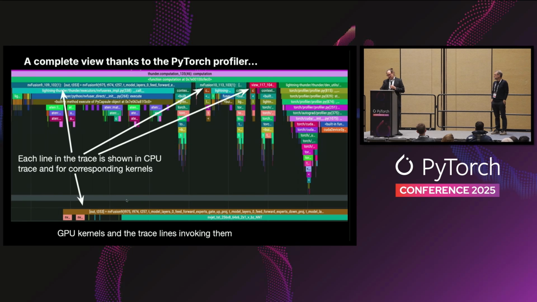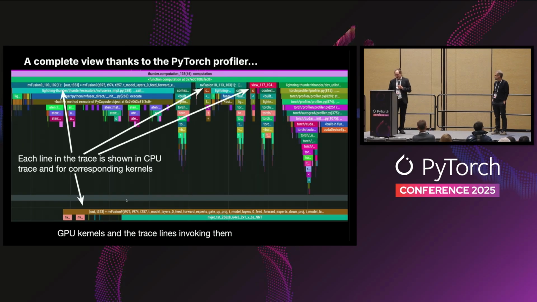And on the bottom line, you see the CUDA kernels. It traces the stream. The bottom line is the CUDA kernels. And we annotate with the exact line of source code in the intermediate representation that this comes from. It's a simple trick, but it's super helpful.